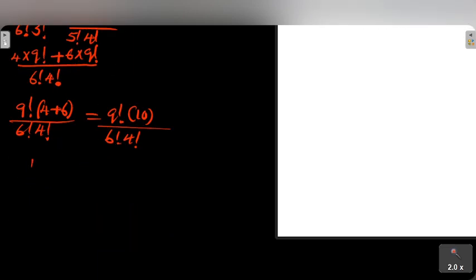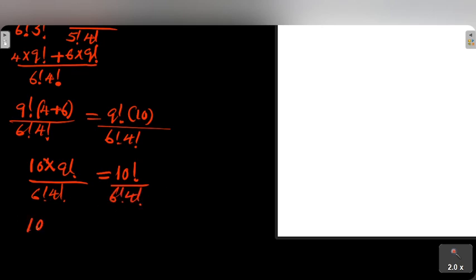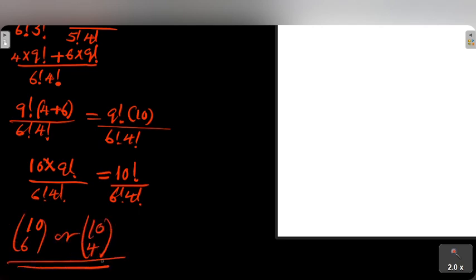So we can start with 10, then we multiply that by 9 factorial over 6 factorial 4 factorial. So now that can be combined to say this is 10 factorial over 6 factorial 4 factorial. And now you conclude you have 10 combine 6, or 10 combine 4. So that becomes the answer.